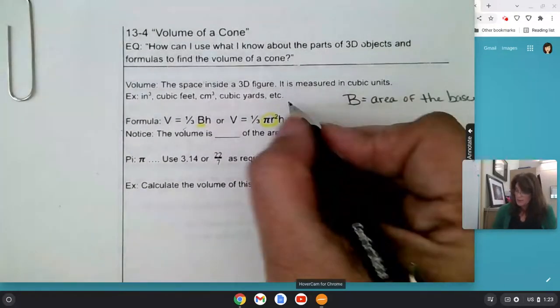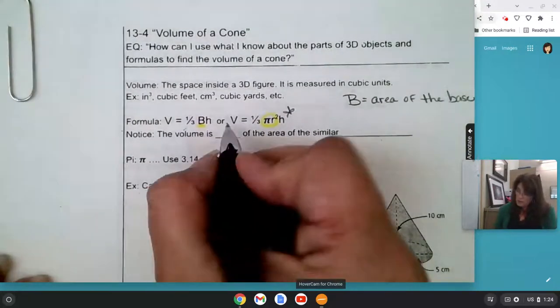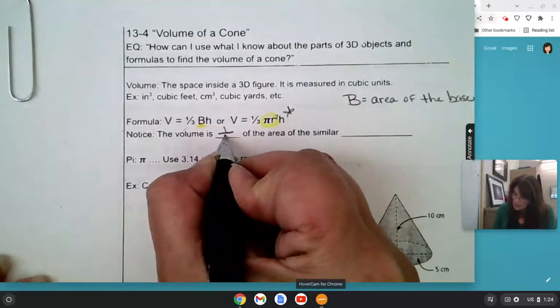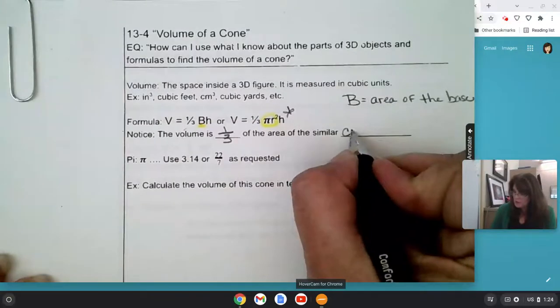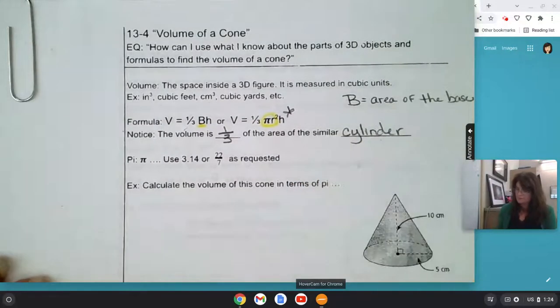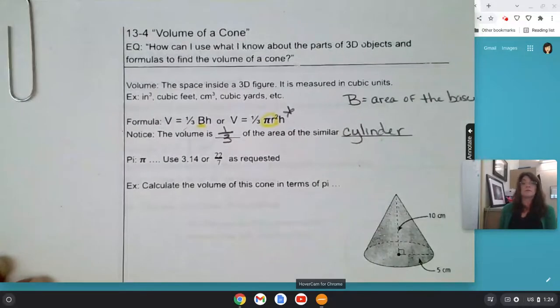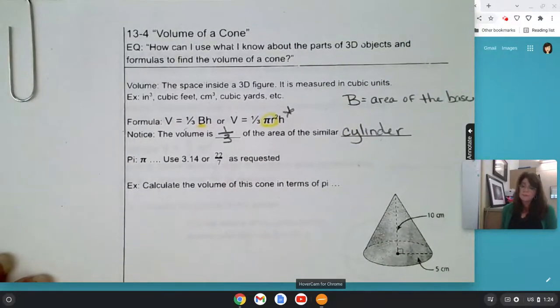Okay, this is the one I use 99 or more percent of the time. The volume is 1/3 of the area of the similar cylinder. Okay. Again, we're going to use our measurements for pi as requested.